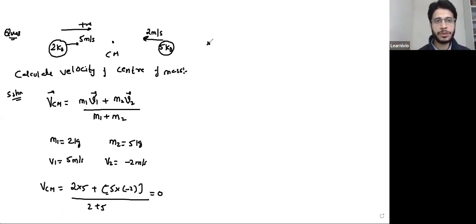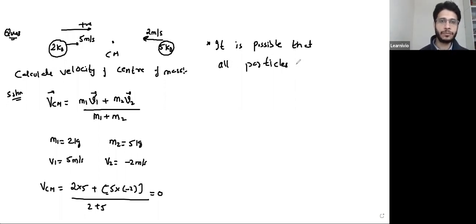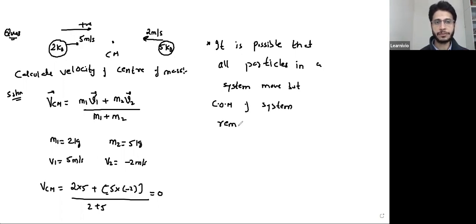So always remember this thing, that it is possible that all particles in a system move, but center of mass of the system remains at rest.